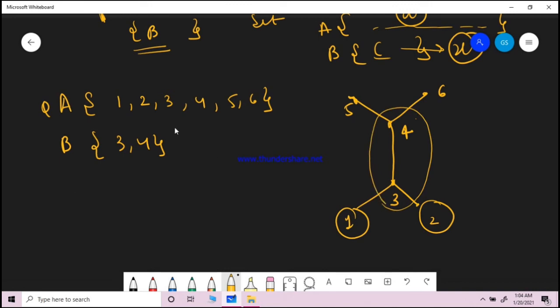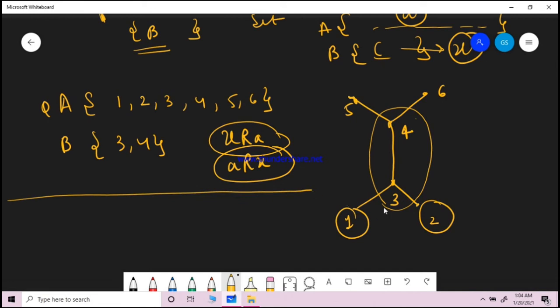Now you have to find the relations. First of all, make ordered pairs, and only select all the relations that are connected to 3 and 4. Keep 3 and 4 in mind.